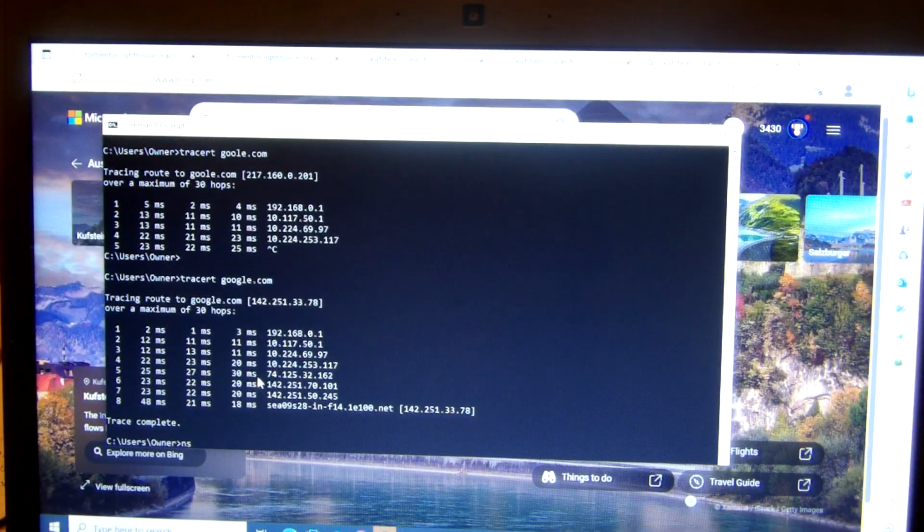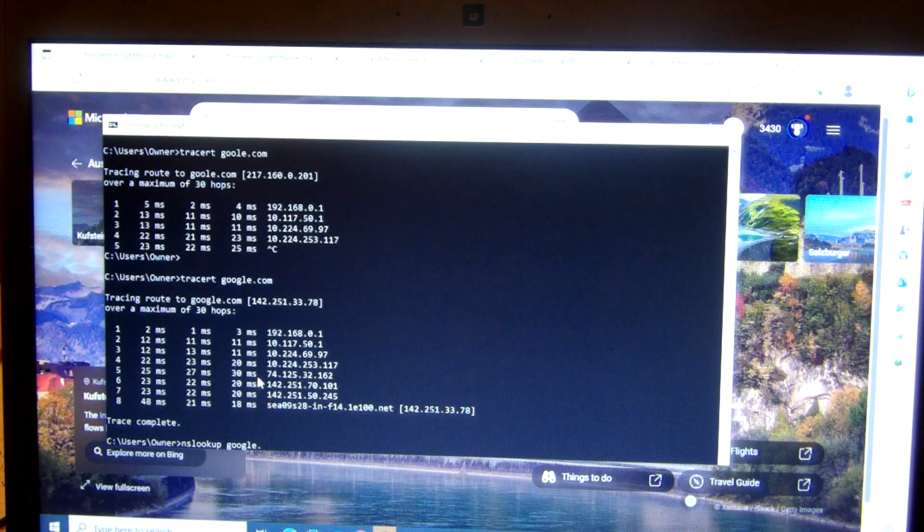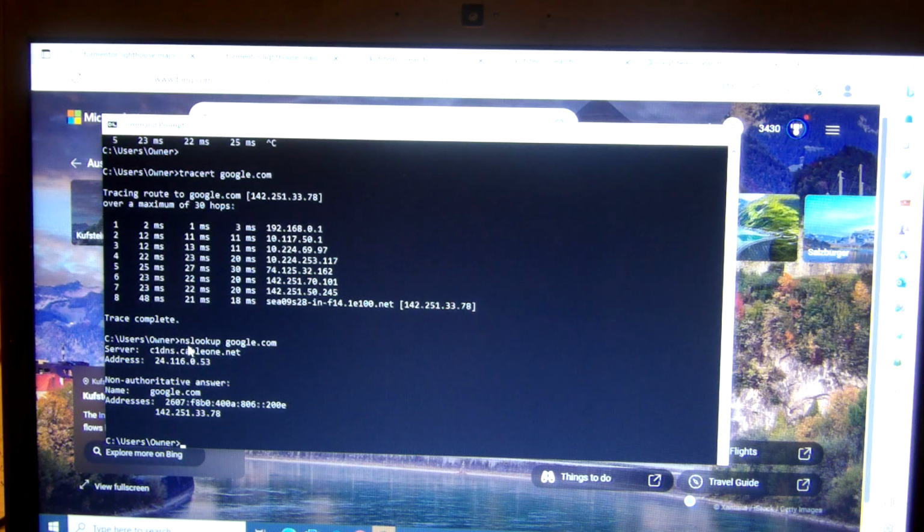You have nslookup google.com. See? If you want to find out what the IP address of Google is, you see it here.